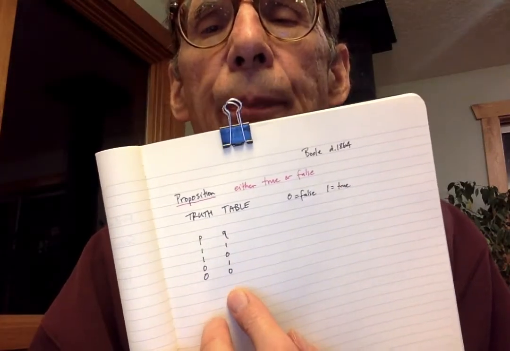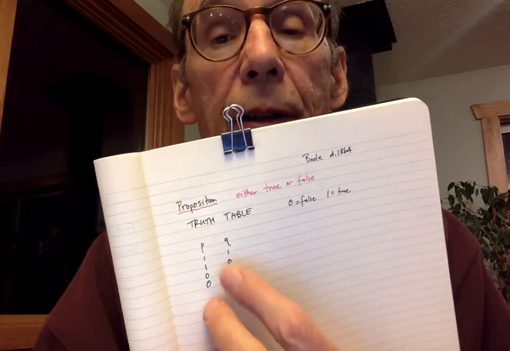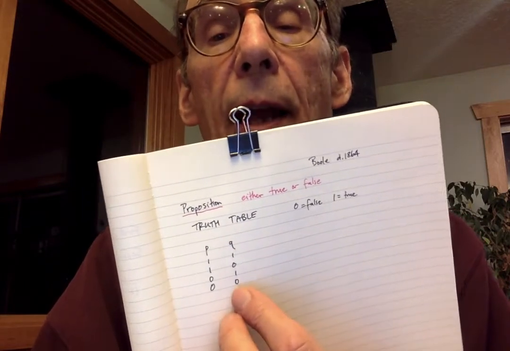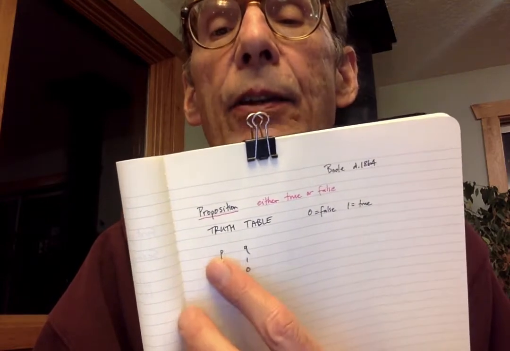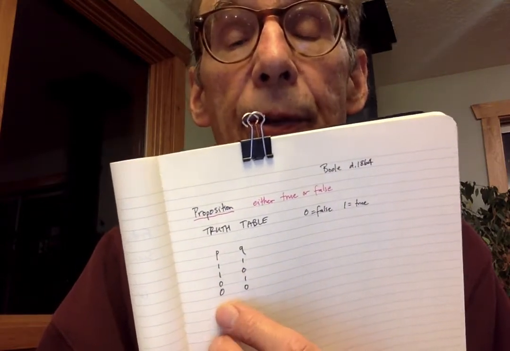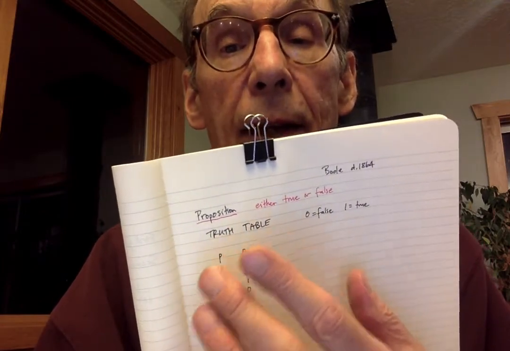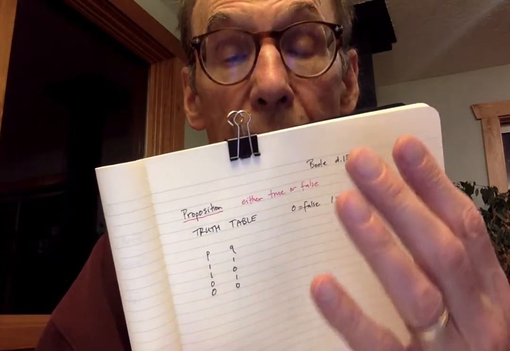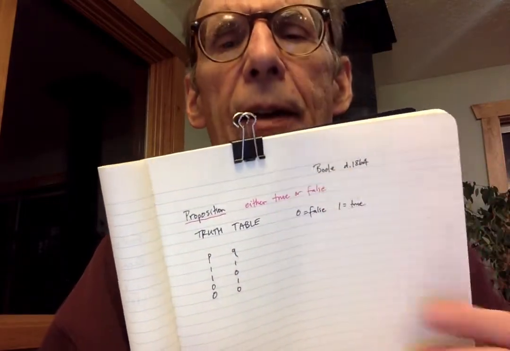So Q can be 0, 1, 0, 1, so that there are going to be four possibilities for the values of Q. We do that in singles. P is 1, 1, 0, 0. We do that in doubles. If we had a third variable, we would be doing that in quadruples, not triples, quadruples. And we'll show you an example of that in a minute.